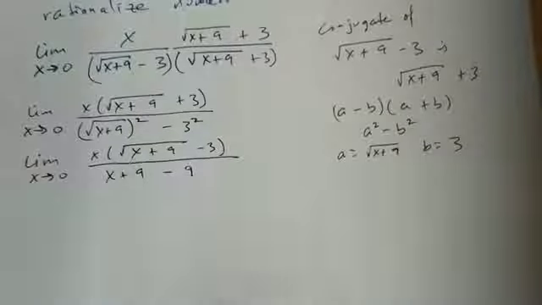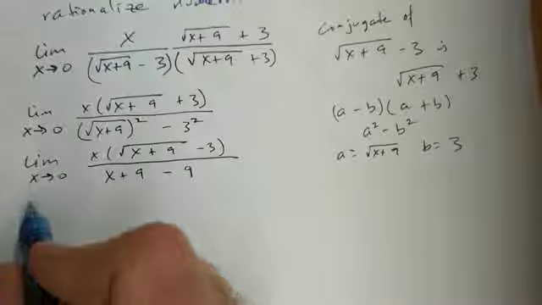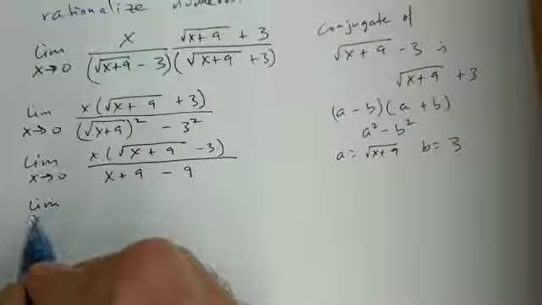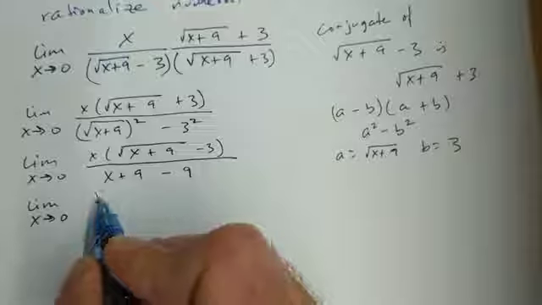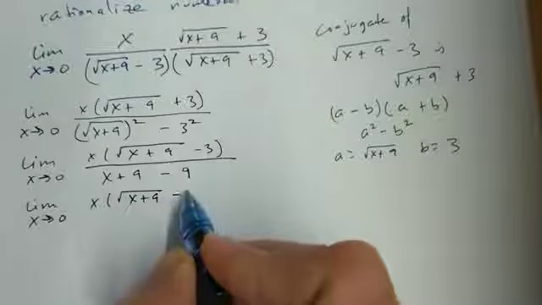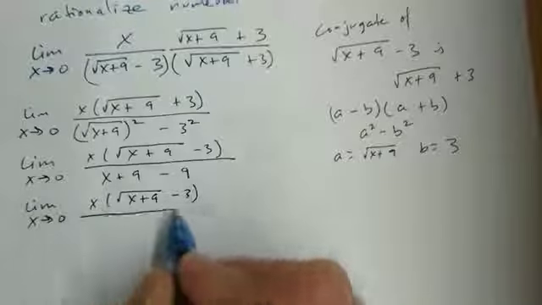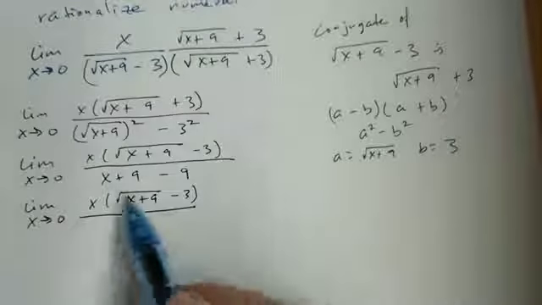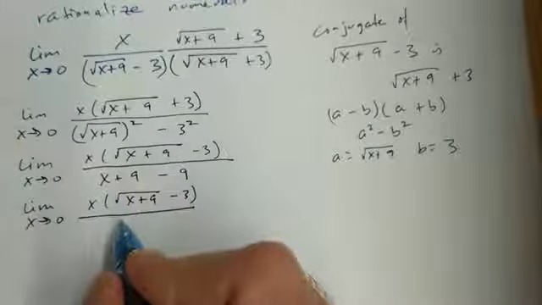In the next line, our 9's will reduce, so we have the limit as x approaches 0 of x times the square root of x plus 9 minus 3 divided by x plus 9 minus 9 gives us x.